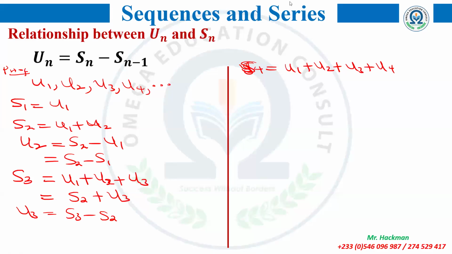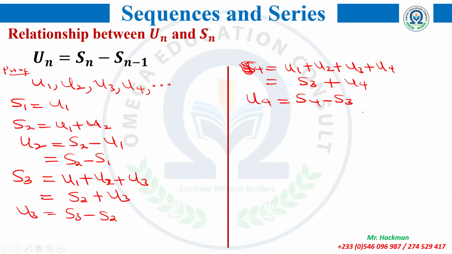Now U sub 1 plus U sub 2 plus U sub 3 is the same as S sub 3. Do you agree? Then plus your U sub 4. So I can also say that my U sub 4 will be equal to S sub 4 minus S sub 3. You agree?